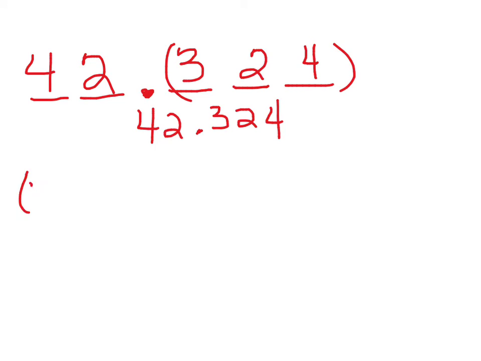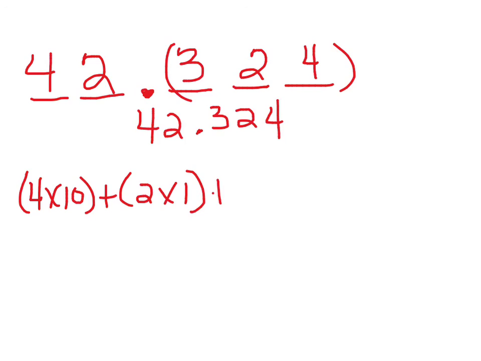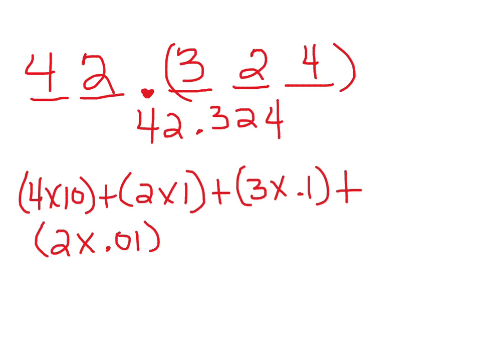Expanded would be 4 times 10 plus 2 times 1 plus 3 times the tenths place plus 2 times the hundredths place plus 4 times the thousandths place. Okay? So that is place value, standard form, expanded notation, and written form.